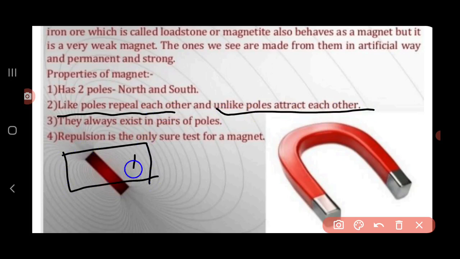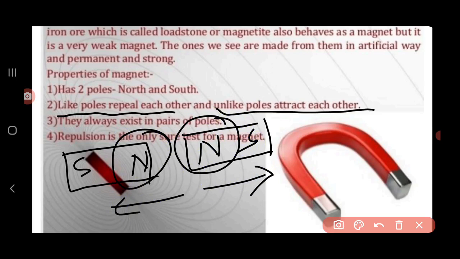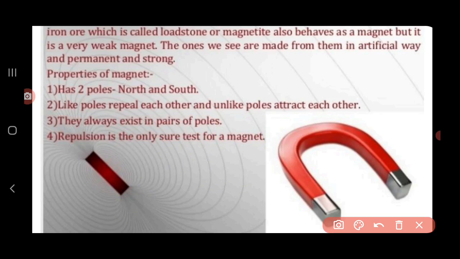But if opposite poles are facing each other, that means one north pole and another south pole are facing each other, then we see there is an attraction between the magnets. So, this is the reason because of which we can say like poles of magnet repel each other and opposite poles or unlike poles attract each other.